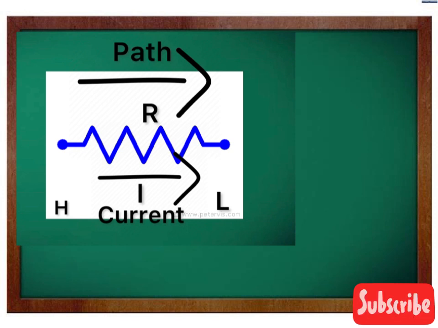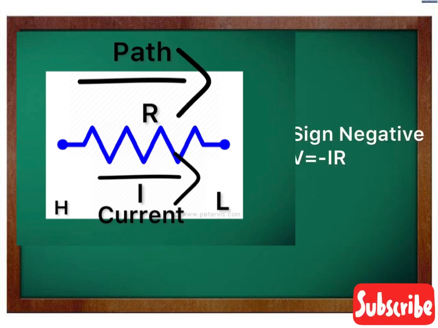Now one small statement you have to keep in mind: if your direction of current and your direction of selected path, clockwise or anti-clockwise, are the same, again I am repeating, then the sign you give for change in potential should be negative.